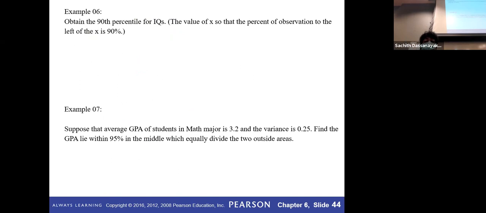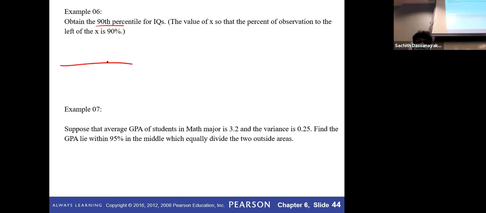Obtain the 90th percentile, which means 90%, for IQs, the value with 90 percent of observations to the left of it. Percentiles, like the 20th percentile or 30th percentile, are always measured starting from 0.